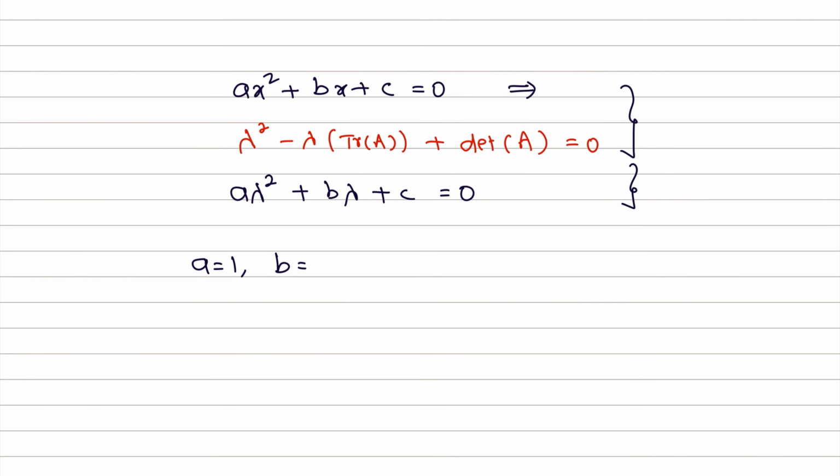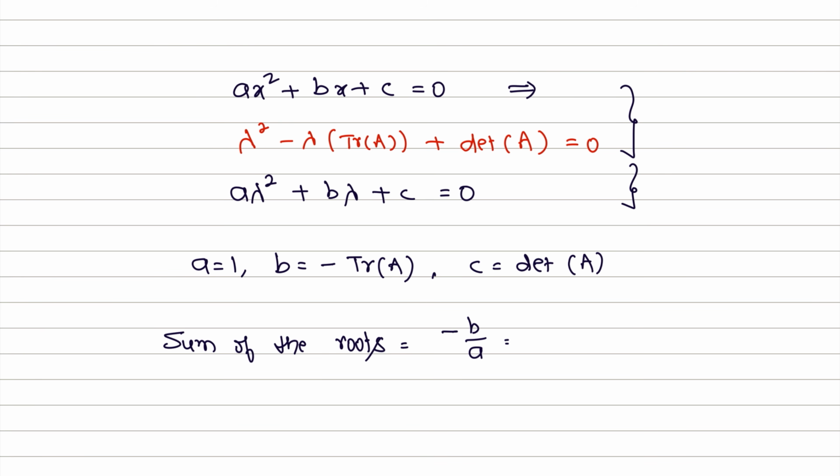B is equal to minus trace of A, and c is equal to determinant of A. From the basics of ax square plus bx plus c, the sum of the roots is equal to minus b by a, that is minus of minus trace of A divided by 1, that is trace of A.